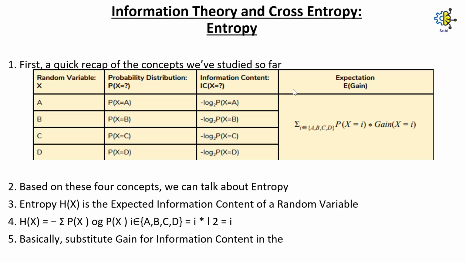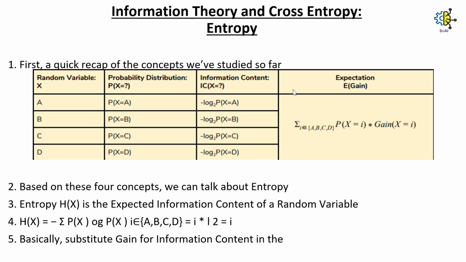So here the probability distribution of A has the information content, that is IC, equal to minus log of P where X is equal to A, with base 2, and the same for team B, team C and team D. And you can see here the expectation, that is E of gain, comes out as the summation over I, where I belongs to A, B, C and D.